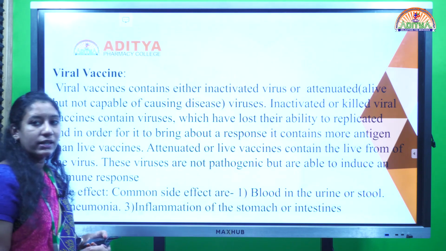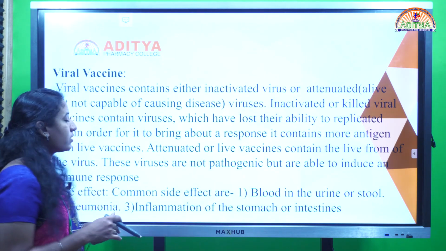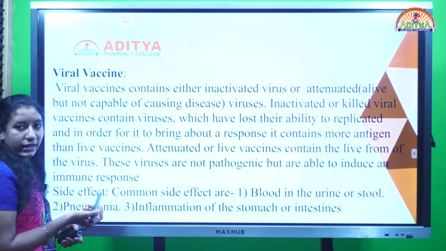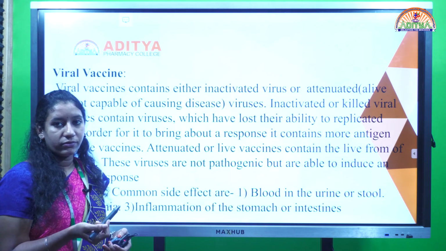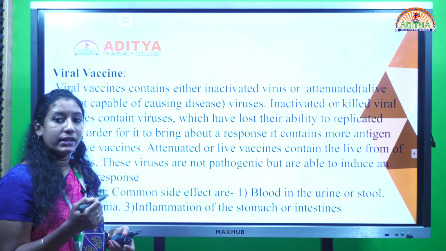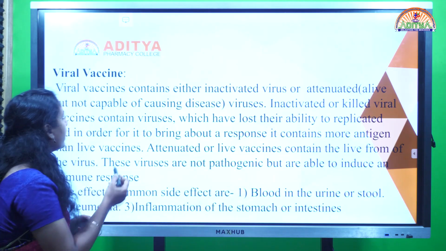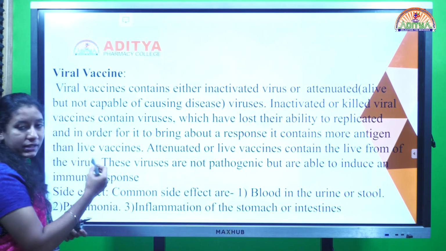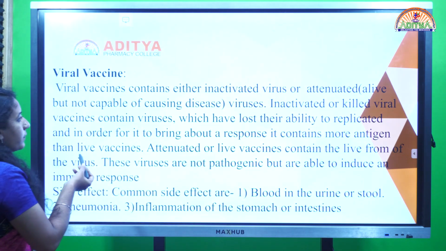And next one is viral vaccines. Most of us are aware of these vaccines. A viral vaccine generally contains a live or dead virus. Live virus means it is in a weakened state and it won't replicate. Generally the vaccine contains either live, that is attenuated, or dead virus.